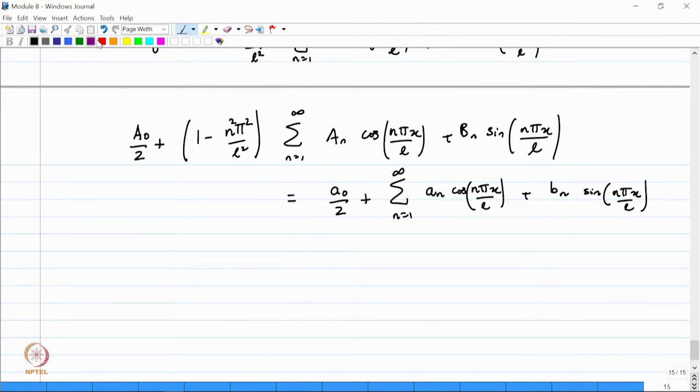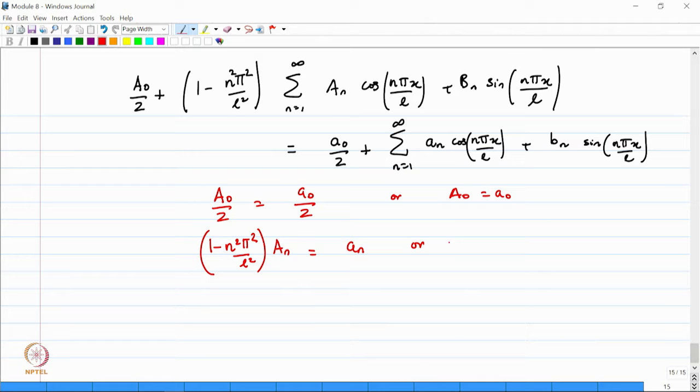You can write a 0 by 2 equal to a 0 by 2, or a 0 equal to a 0, and then 1 minus n square pi square by L square times a n equal to a n, or a n is equal to a n divided by 1 minus n square pi square by L square.